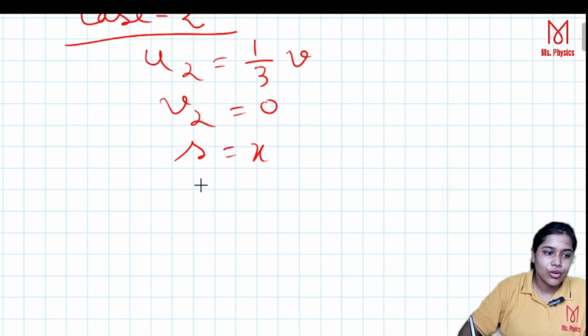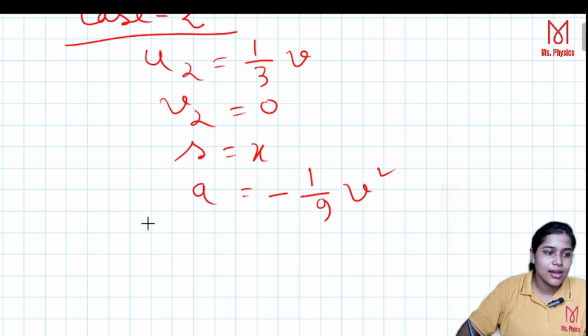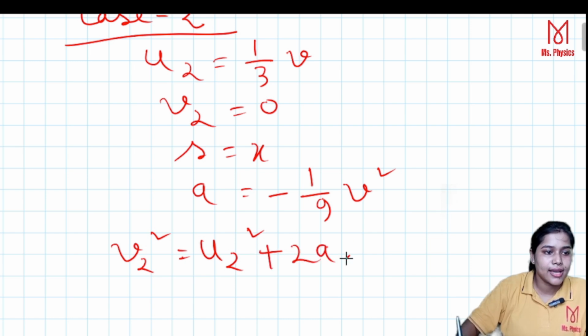Now a is also known to us, minus 1/9 v square that we have calculated just now. Again you use the formula, that is v2 square is equal to u2 square plus 2 a s2.